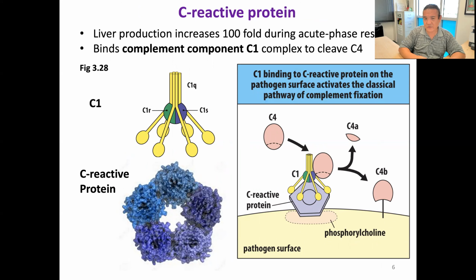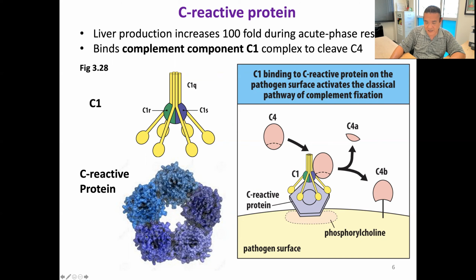So C-reactive protein is another protein that's made by the liver as part of the acute phase response. C-reactive protein has a similar type of structure as the MBL. You can see here, I'm sorry, here's the C-reactive protein below. The C-reactive protein, right, forms this pentameric structure, right?